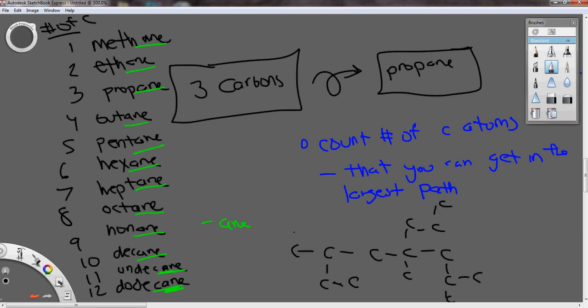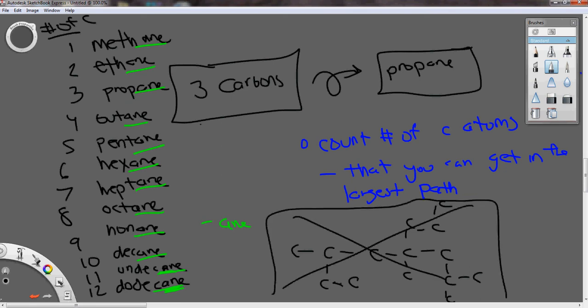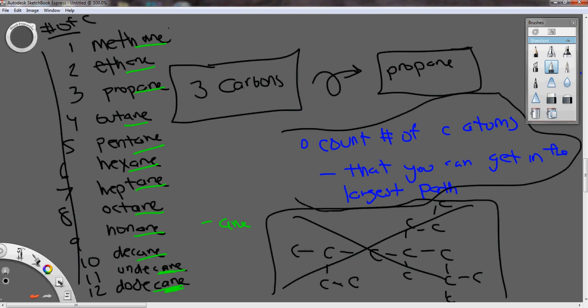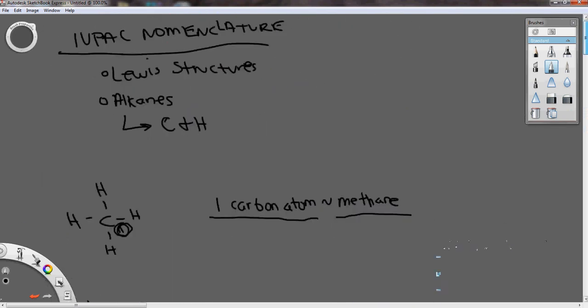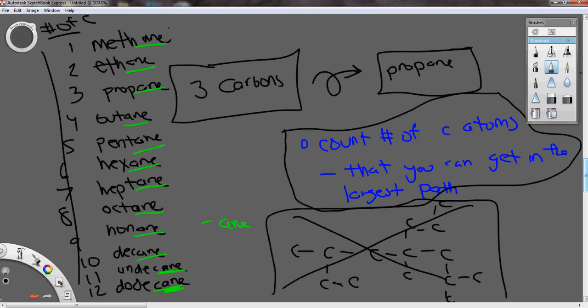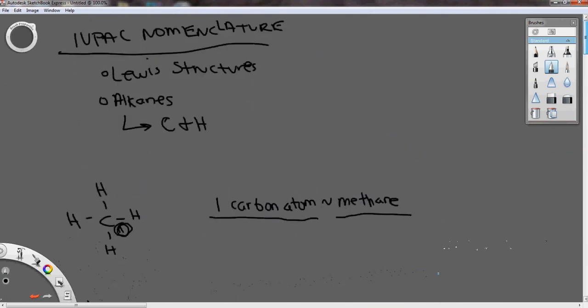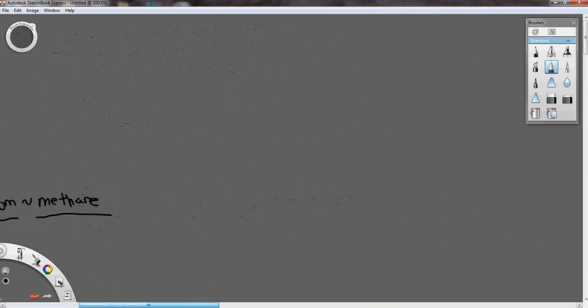But you don't have to worry about this right now. If you're just starting off, this will be later. Just focus on memorizing this list, and learning these 2 rules regarding naming.